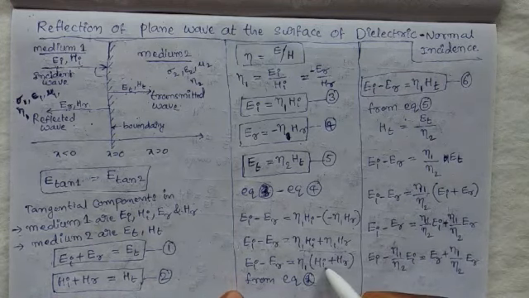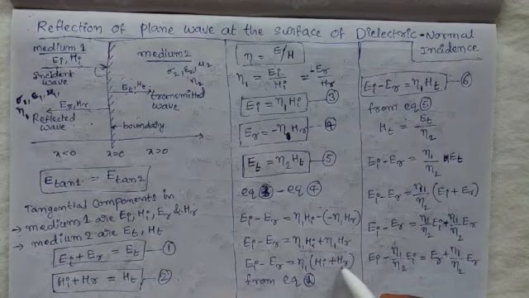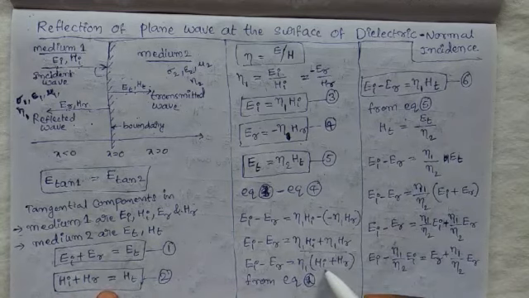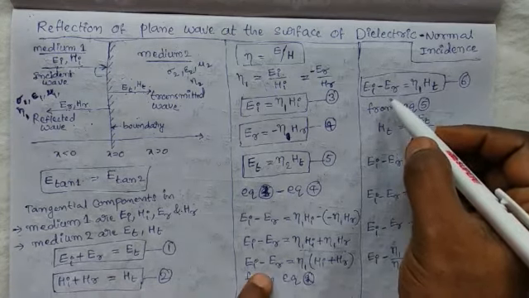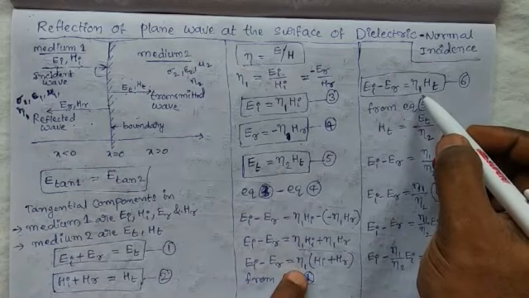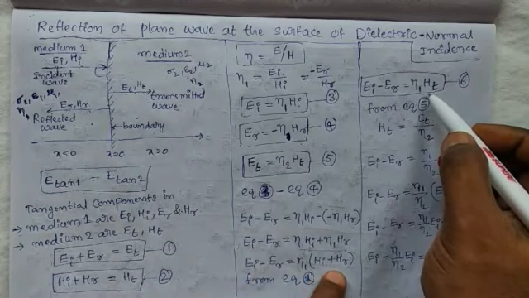HI plus HR is equal to HT, from equation 2. So EI minus ER is equal to eta 1 into HT.